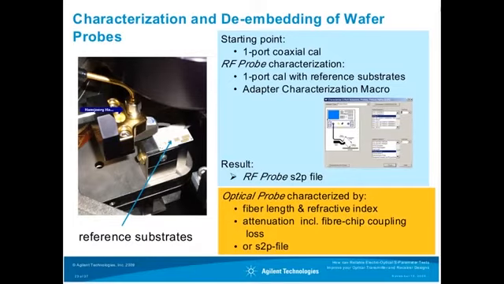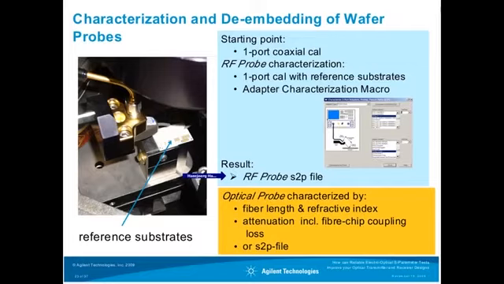Typically, you perform one-port calibrations consecutively, one after the other, and use these different calibrations together with an adapter characterization macro that, for instance, we have implemented in our network analyzers. As a result, you receive an S-parameter file for the RF probe, and this S-parameter file you can then use in the fixturing application to de-embed the wafer probe.